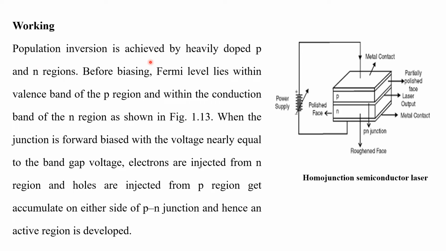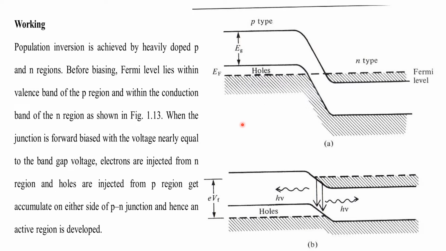Here the population inversion is achieved by heavily doped P and N regions. In the case of N-type semiconductor, the Fermi level will be just below the conduction band before the N-type and P-type materials are joined and before doping has been done. Similarly, in the case of P-type, the Fermi level will be just above the valence band.